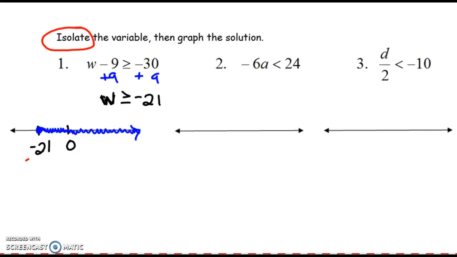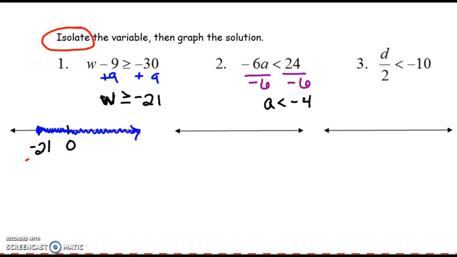In order to get A by itself, I need to divide by negative 6. Now, don't write down anything yet. Just watch what I do. So if I leave this as A is less than negative 4, and I'm going to tell you right now this is wrong, that's why I want you to not write it yet, then that means everything less than negative 4 should work.